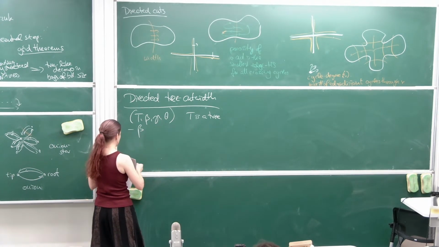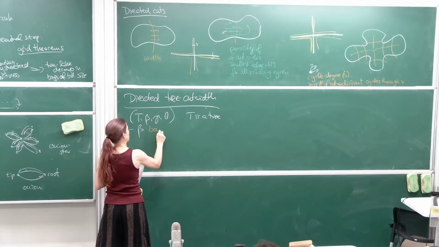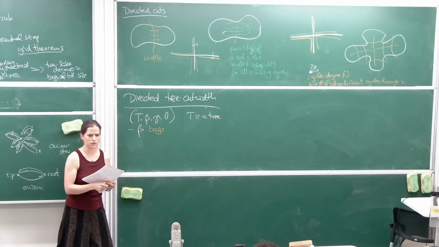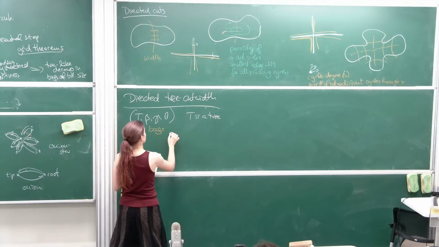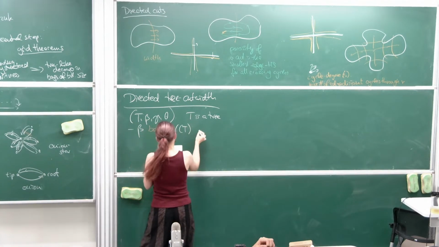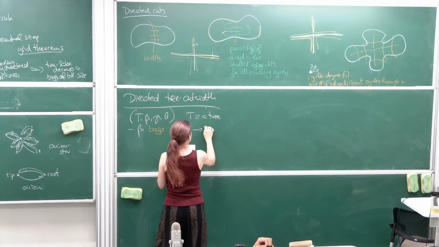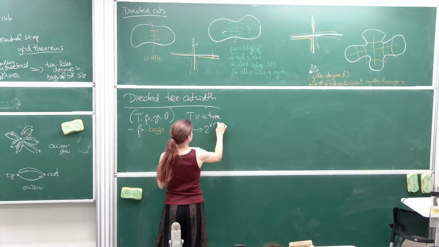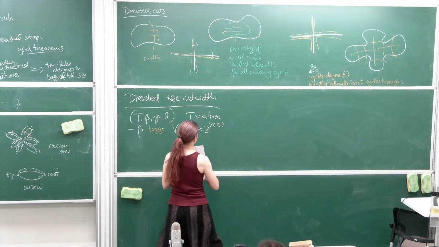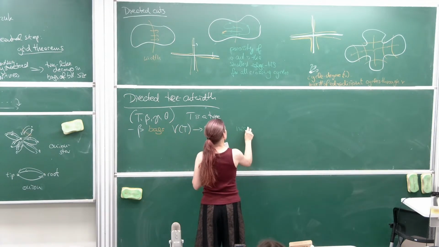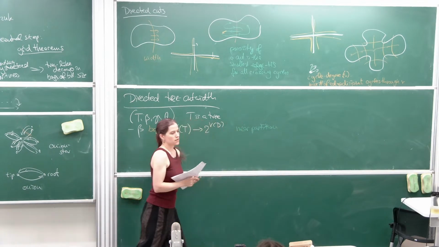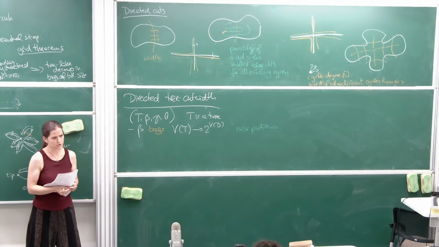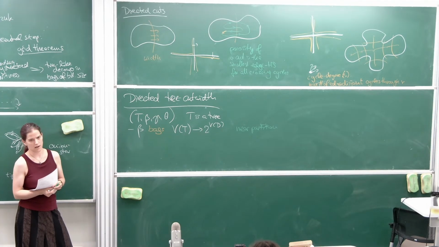We have beta, which, as in a lot of other decompositions, gives us bags for every vertex. So it's a function that maps the vertices of the tree to vertex sets in D, and we want this to give a near partition. So no vertex lies in two different bags, but empty bags are allowed.